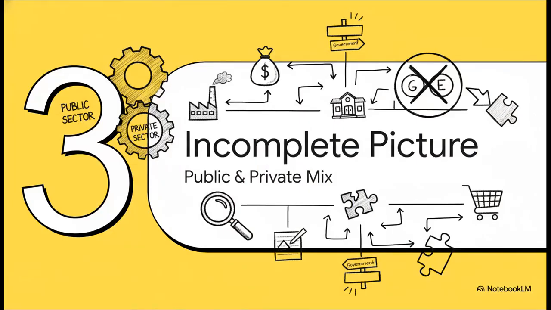So you might be asking, what's so bad about that? Well, critics are saying this doesn't create a purer or more accurate picture of the economy at all. Instead, it creates one that's really distorted and totally incomplete. Why? Because the public and private sectors aren't living in two separate universes. They are completely and totally intertwined.